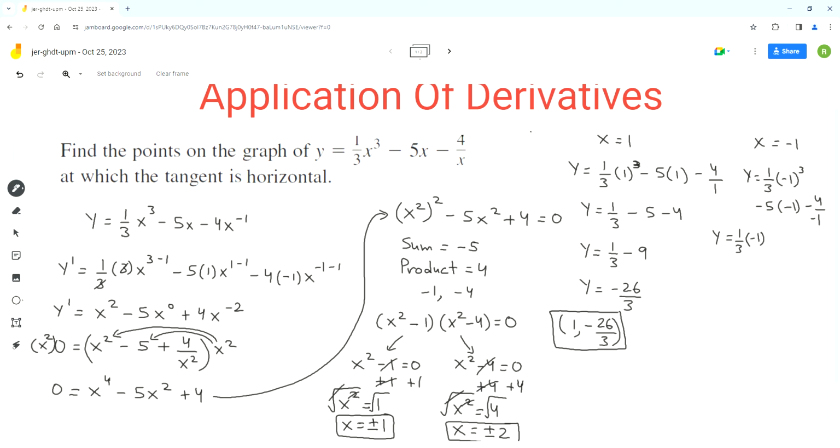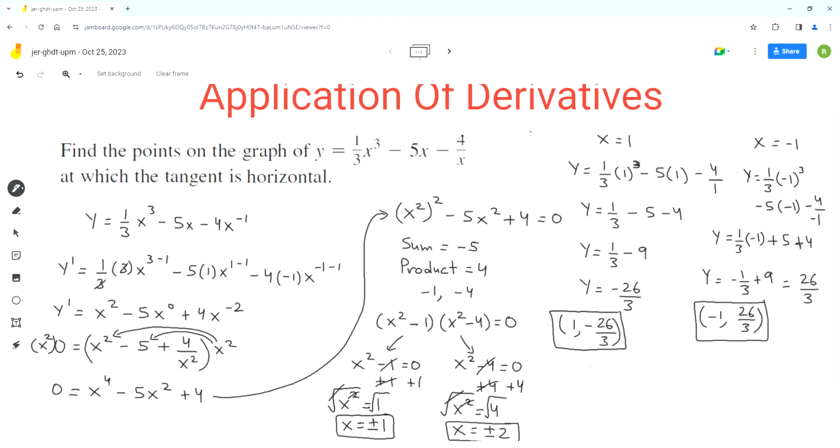And negative 5 times negative 1 is positive 5. And then negative 4 divided by negative 1 is plus 4. So 1 over 3 times negative 1 is negative 1 over 3, plus 9, which is equal to 26 over 3. So the second point is negative 1, 26 over 3.